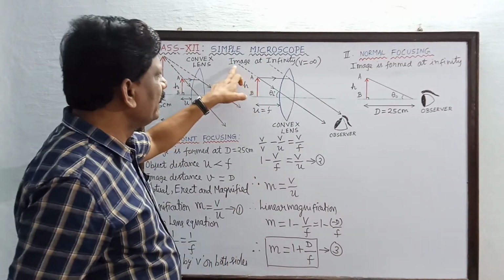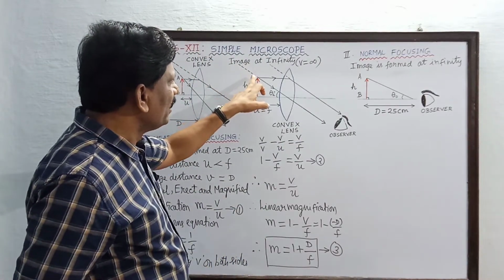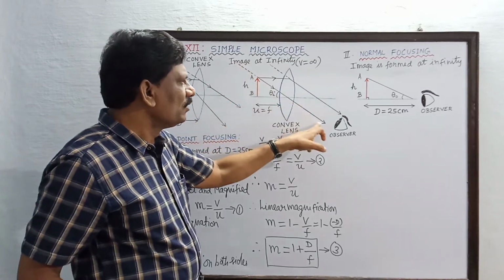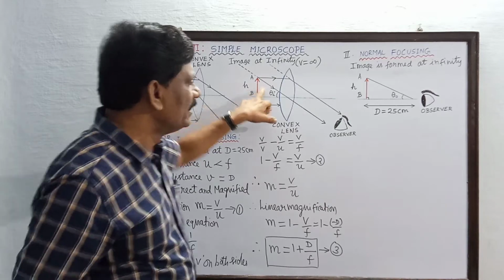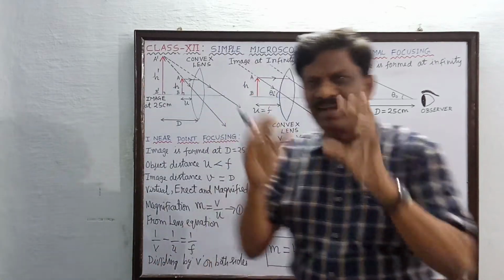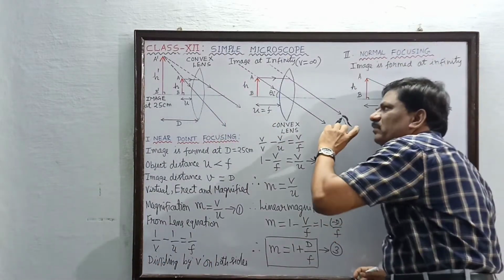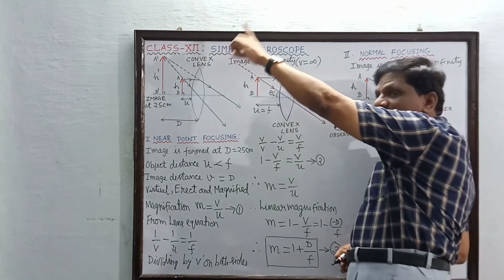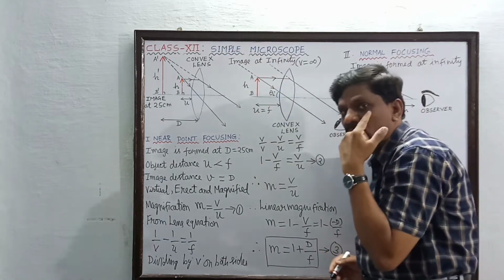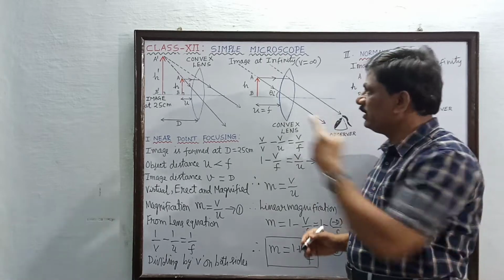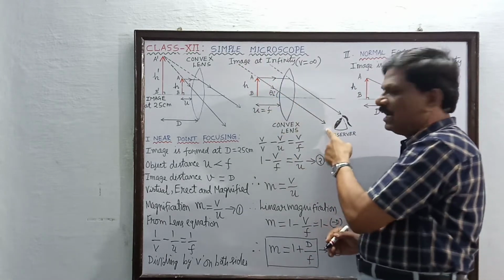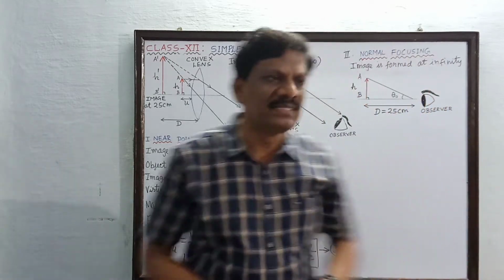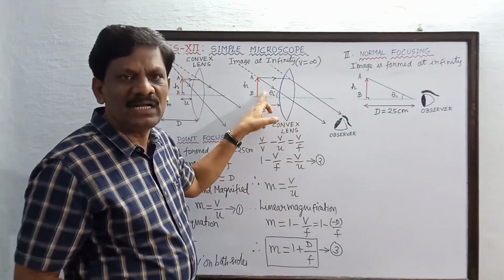Now, can you see that this ray coming from the image is subtending an angle theta I at the eye of the observer. If I am an observer, I am observing the image at this angle. The image is formed at infinity. What is the angle subtended by the image at the eye? That is denoted by theta I.